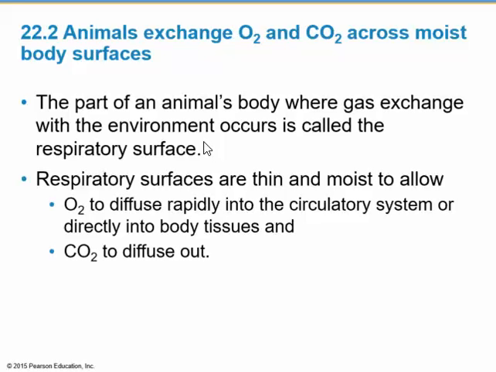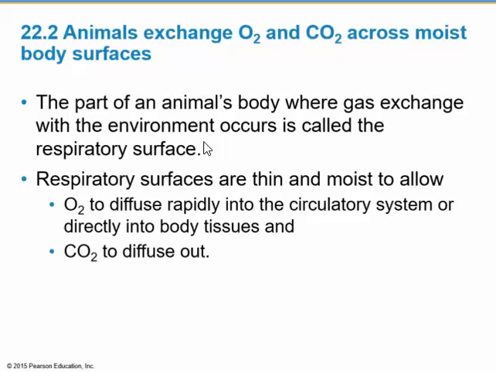Alright, now animals exchange respiratory gases across moist surfaces. So the part of the animal's body where this takes place is called the respiratory surface. The characteristics of respiratory surfaces are they're thin and moist.